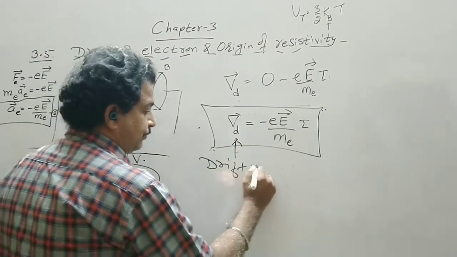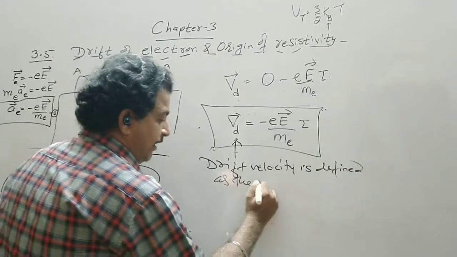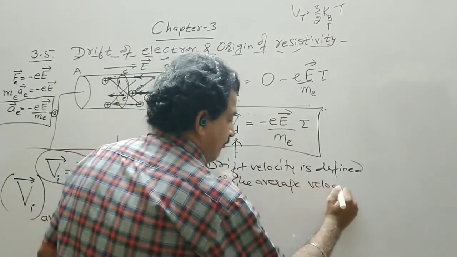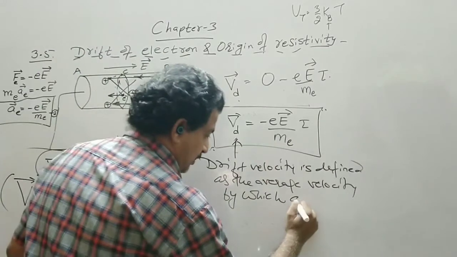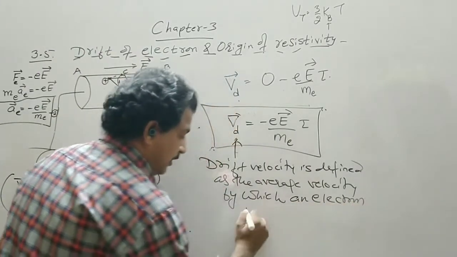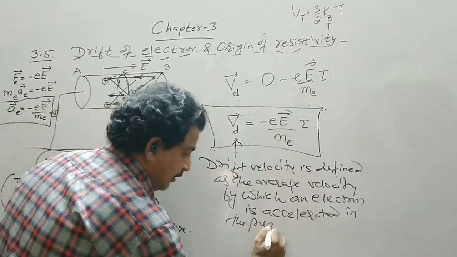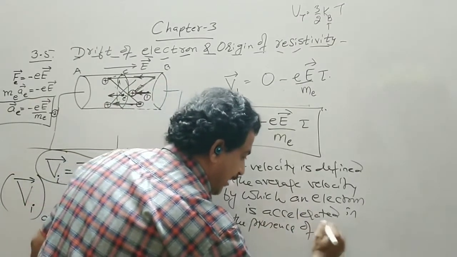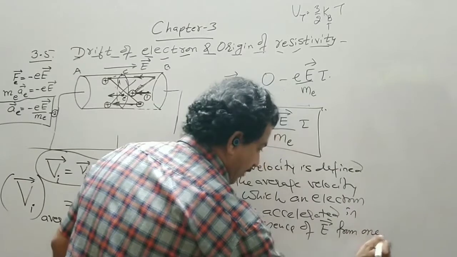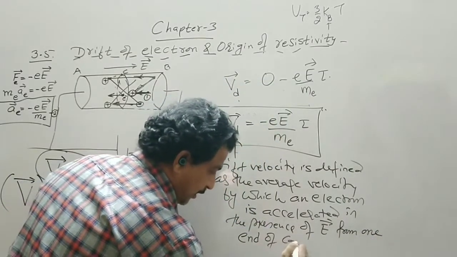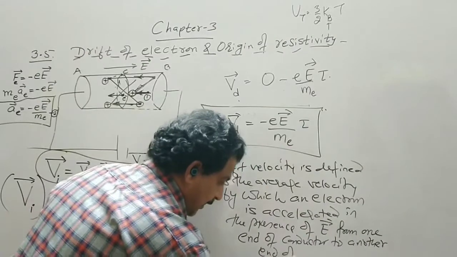So drift velocity is defined as the average velocity by which an electron is accelerated in the presence of an electric field from one end of the conductor to the other end of the conductor.